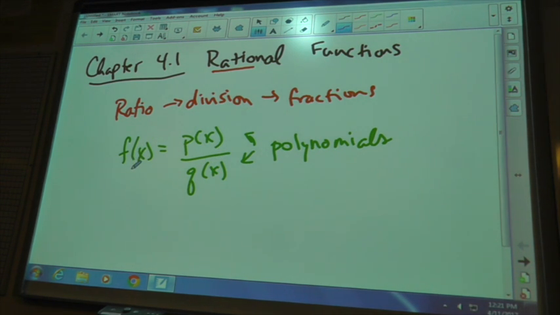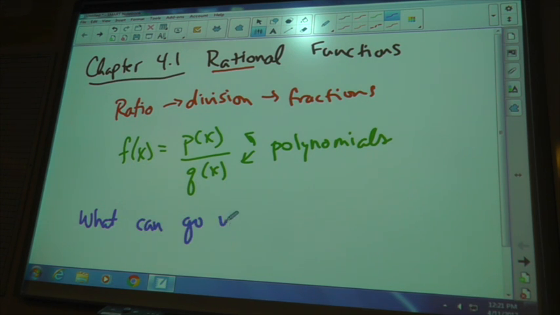All right. So what can go wrong when you divide? That's the main thing that you have to worry about. What can go wrong? It's not a rhetorical question.